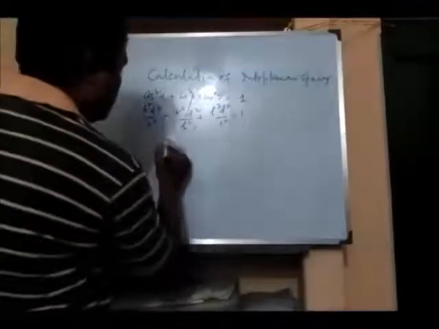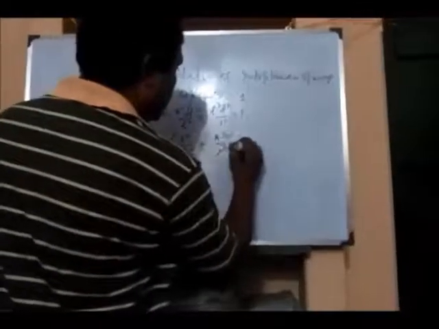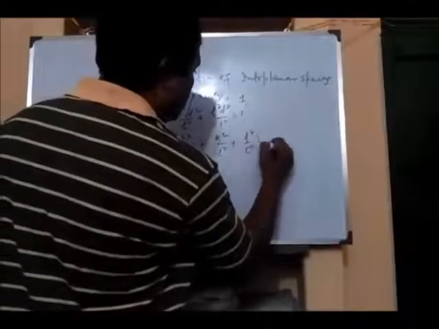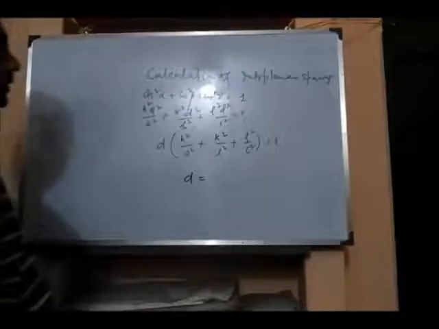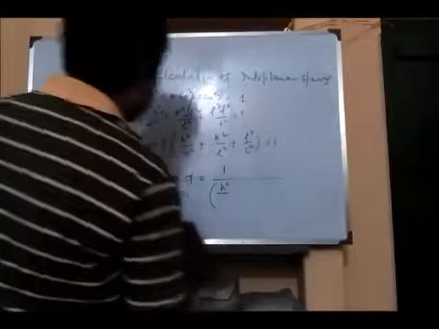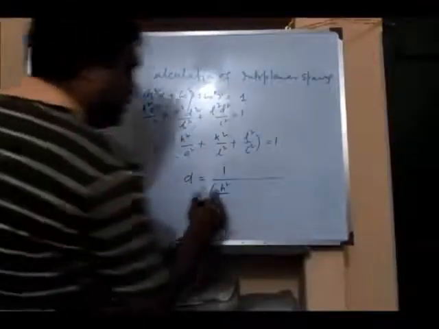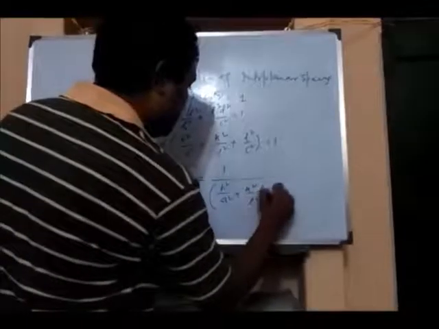Right? Now if you bring that d, so this will be d square times h square by a square plus k square by b square plus l square by c square equals 1. Okay, so d will be 1 divided by, just, so this is d square, sorry, h square by a square plus k square by b square plus l square by c square, to the power half.